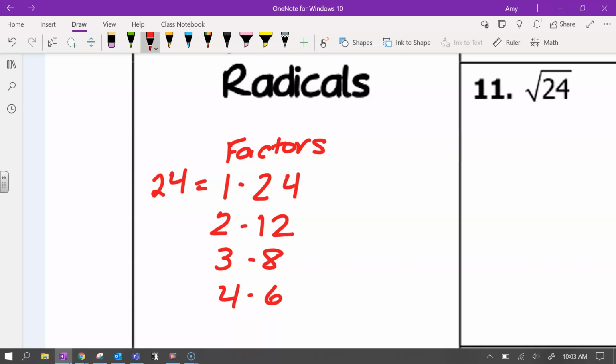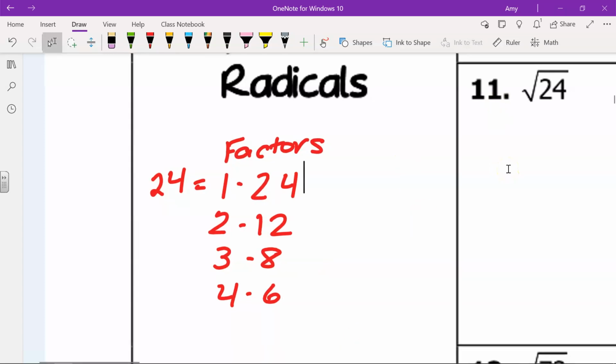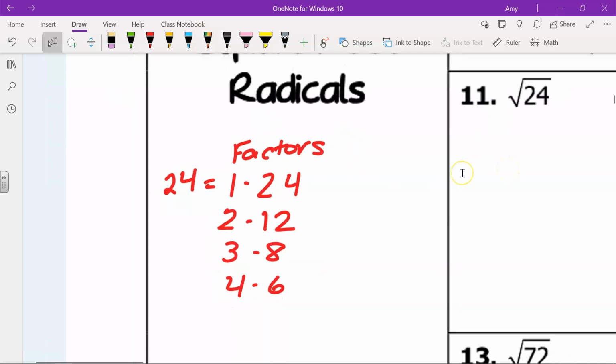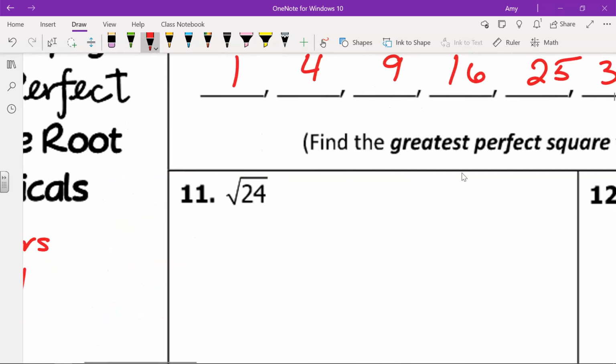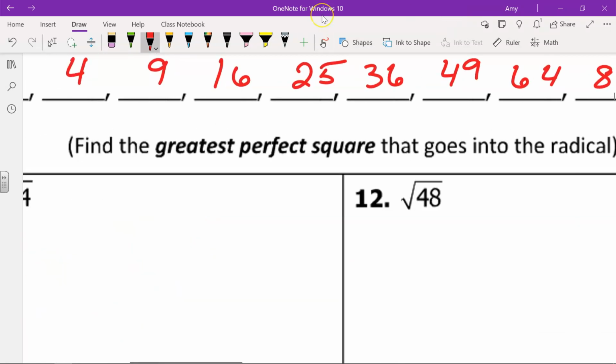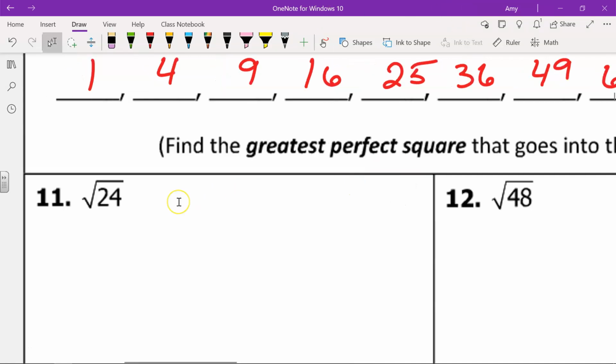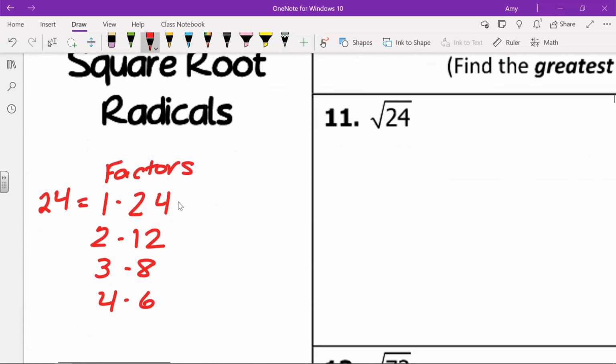So now that I know my factors, what I'm going to look for is the largest perfect square that is a factor of our number. So I'm looking only for these values to be a factor. Now, if we look at this, the only perfect square that I listed is 4. So that is going to be the biggest perfect square. I guess 1 is as well, but 1 is not going to help us make it smaller.